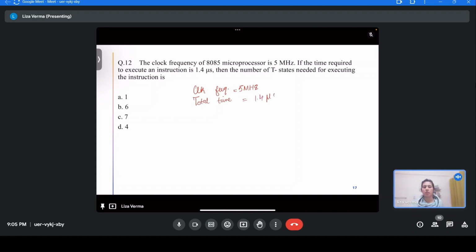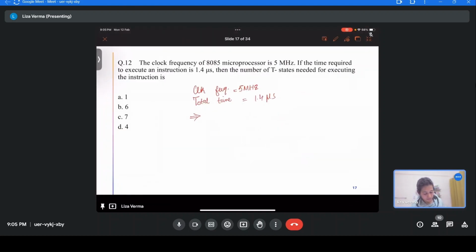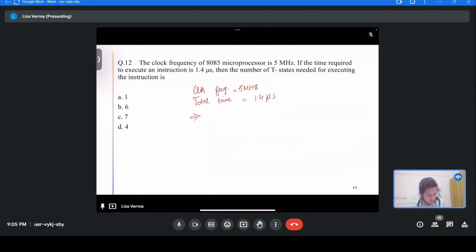We need to calculate the number of T states required to execute the instruction. Total time is actually the number of T states divided by the clock frequency.